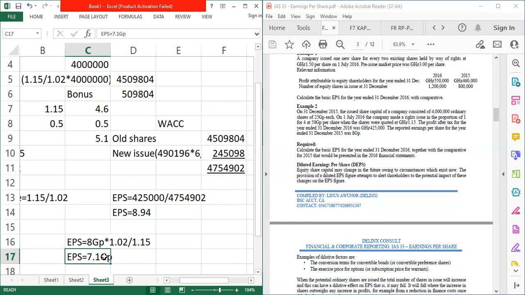But something might happen in the future which is going to make our earnings per share not be 7.1 again, or something might happen in the future which is going to increase our number of shares that we are currently using. We have only two things that will normally increase the shares in the future. The first one is if we have a convertible instrument, which we look at today, that is having the option of people converting it to equity shares in the future.